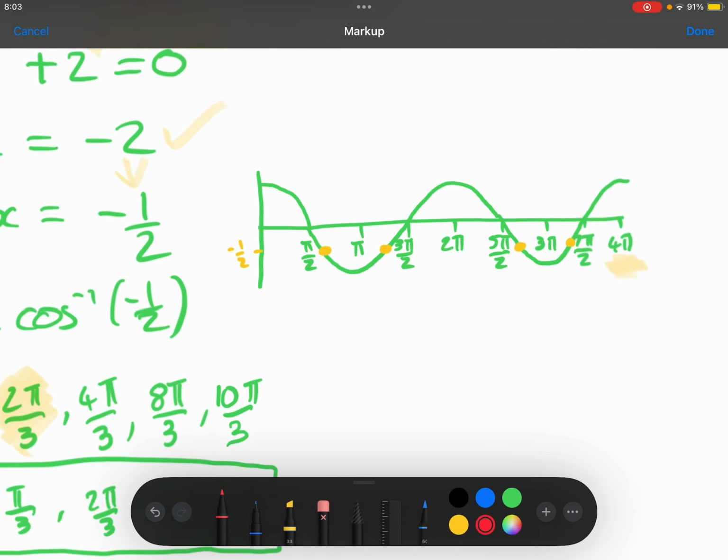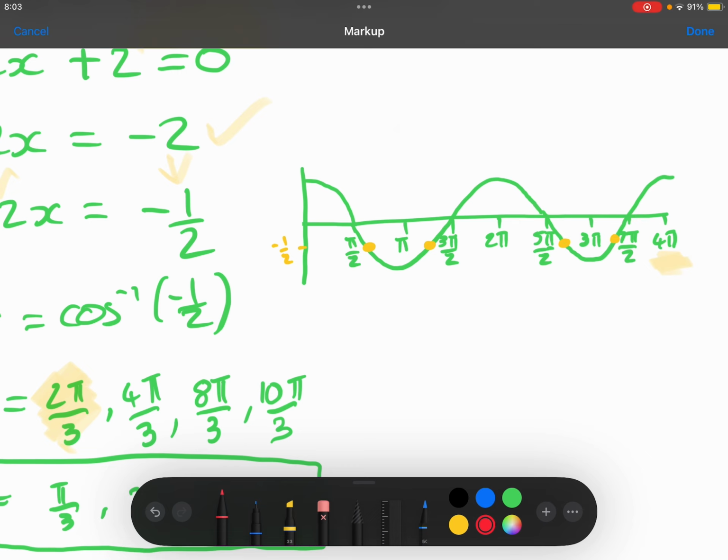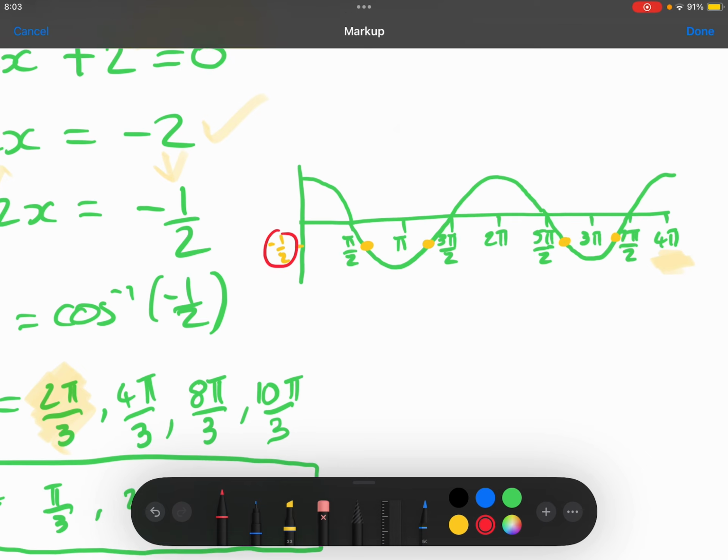So let's look at the graph in a bit more detail. Here's the minus 1/2 on the y-axis. Here's my first solution, which was 2 pi over 3. So my second solution is going to be 2 pi minus 2 pi over 3, which is 4 pi over 3.